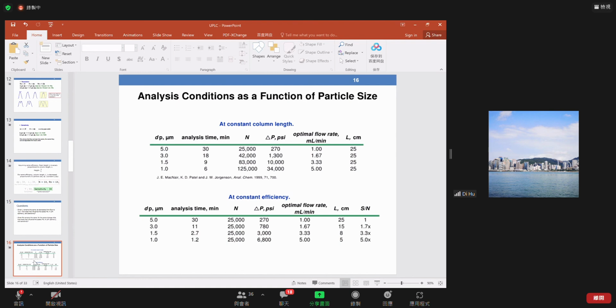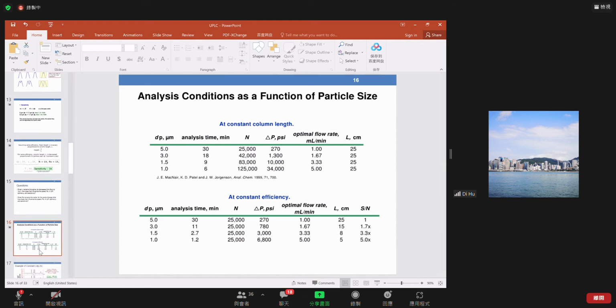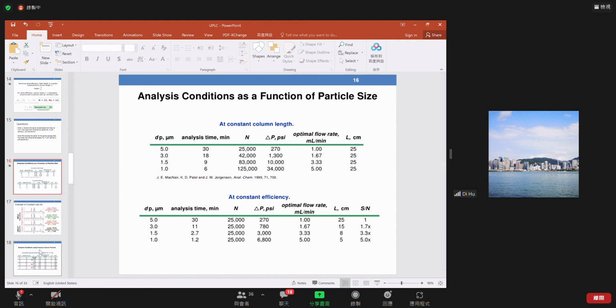You see that in reality, say you don't want to handle a very high pressure drop, so normally we use a smaller column for UPLC than HPLC, right? But it really depends. If your goal is a very difficult separation, you may want to pick a column with even better resolution.